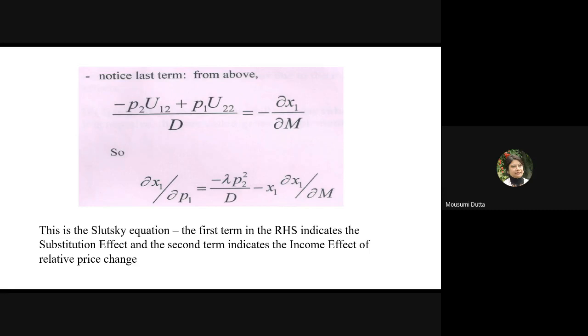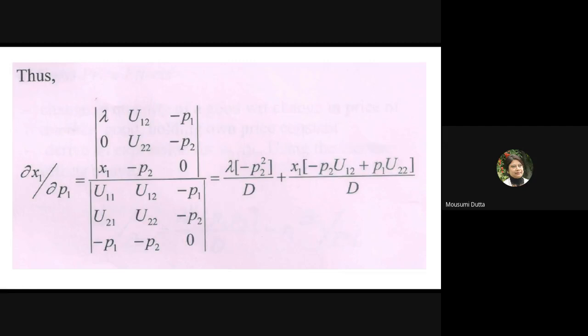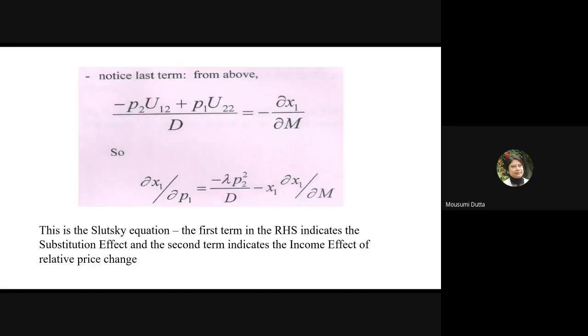Minus, we are getting x1 into del x1 del m. So this is the required Slutsky equation, where the first term on the right hand side indicates the substitution effect and the second term indicates the income effect of relative price change.